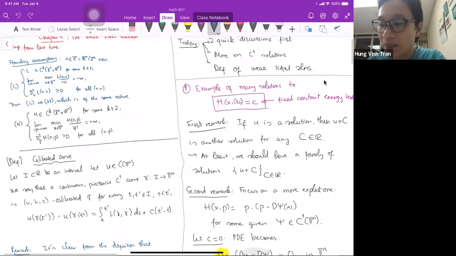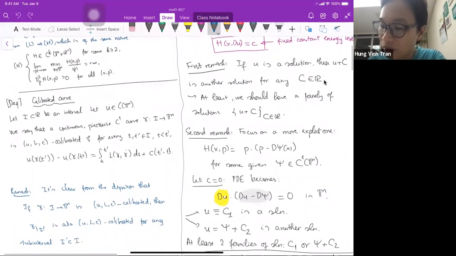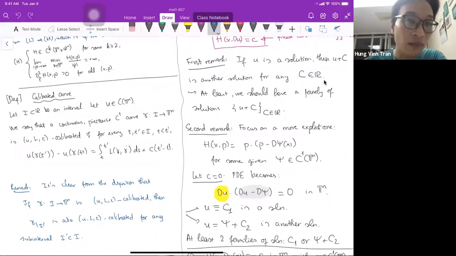All right. If not, then let's go back to the lecture notes today. In the meanwhile, we're also going to explain what I have talked about, and you can ask me more if you have more concerns. This was already in the previous notes. It's about the calibrated curve. We just define it.